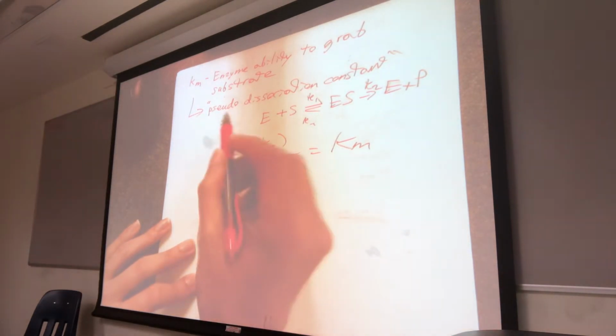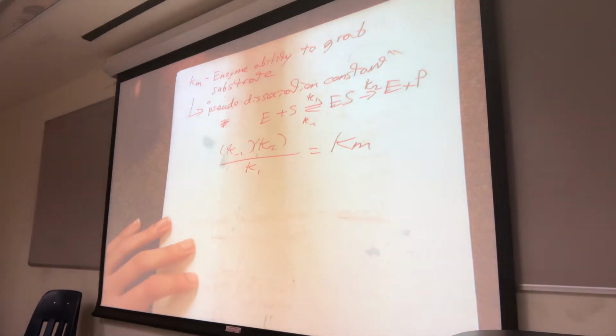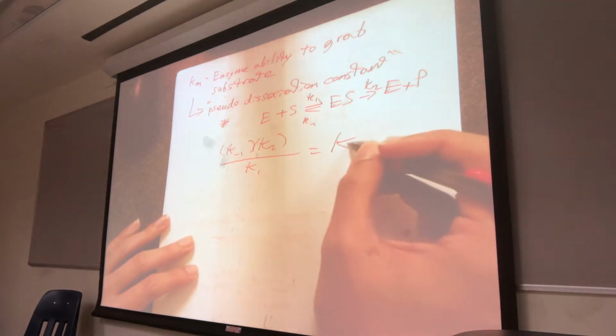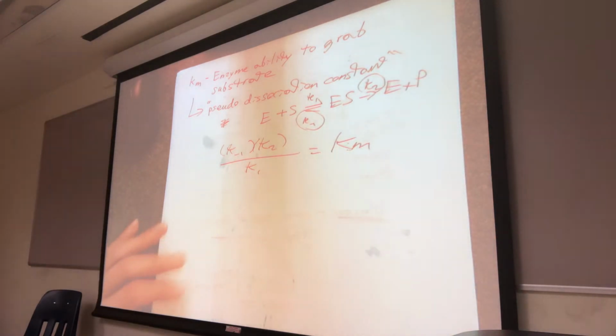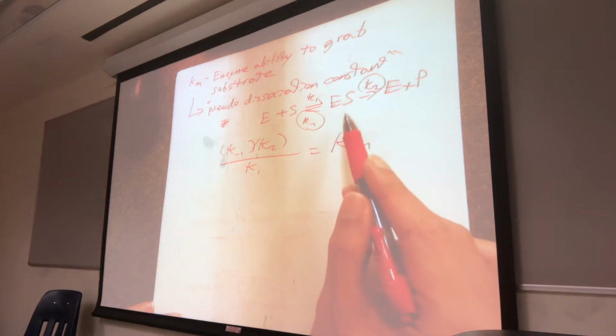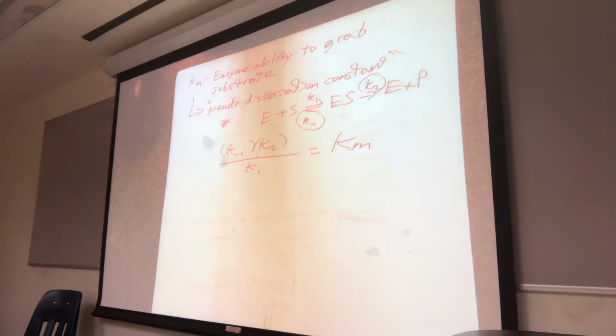The reason why we call it a pseudo-dissociation constant is that this number depends on the numbers I've just circled there, which describe the rate at which the enzyme lets go of its substrate. So it's called a pseudo-dissociation constant because technically Km is a value that describes how quickly an enzyme lets go of its substrate. I wouldn't bother concerning myself with exactly what that means.